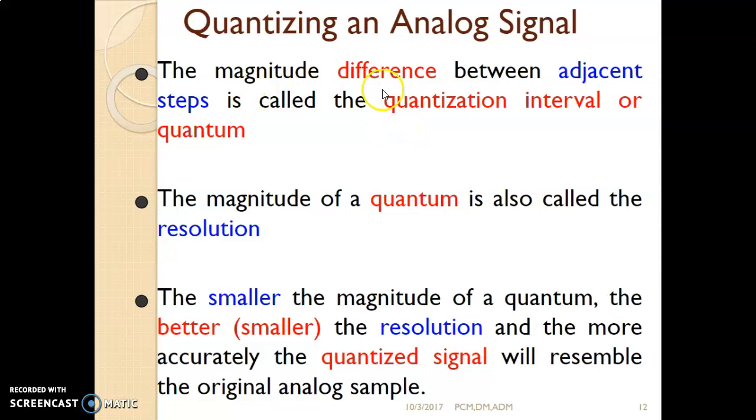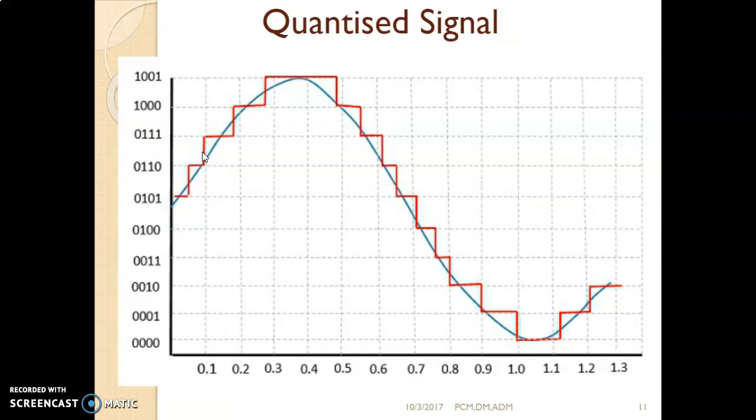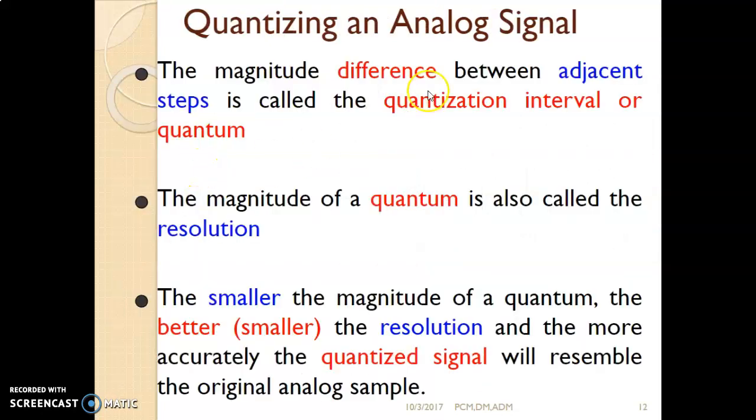The magnitude difference between adjacent steps is called the quantization interval, or quantum. Looking at this diagram, the codes 0101 and 0110 have some difference in magnitude, and this size, this level, we call a quantization interval, also called the quantum, and the magnitude of this quantum is called the resolution.